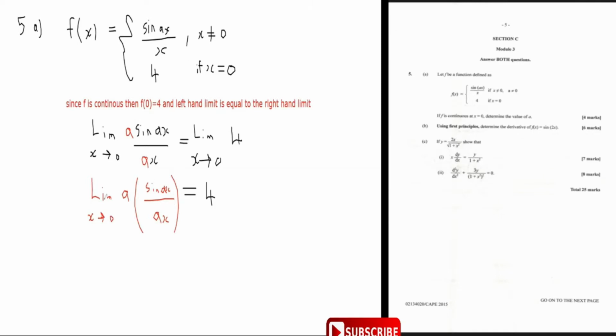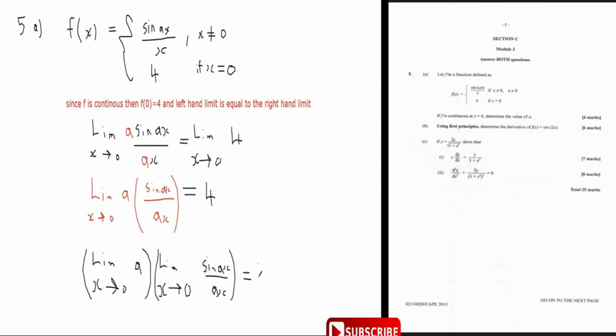According to limit laws, the limit of a product is equal to the product of the limits. So we can rewrite this as the limit as x approaches 0 of a multiplied by the limit as x approaches 0 of sine ax over ax.